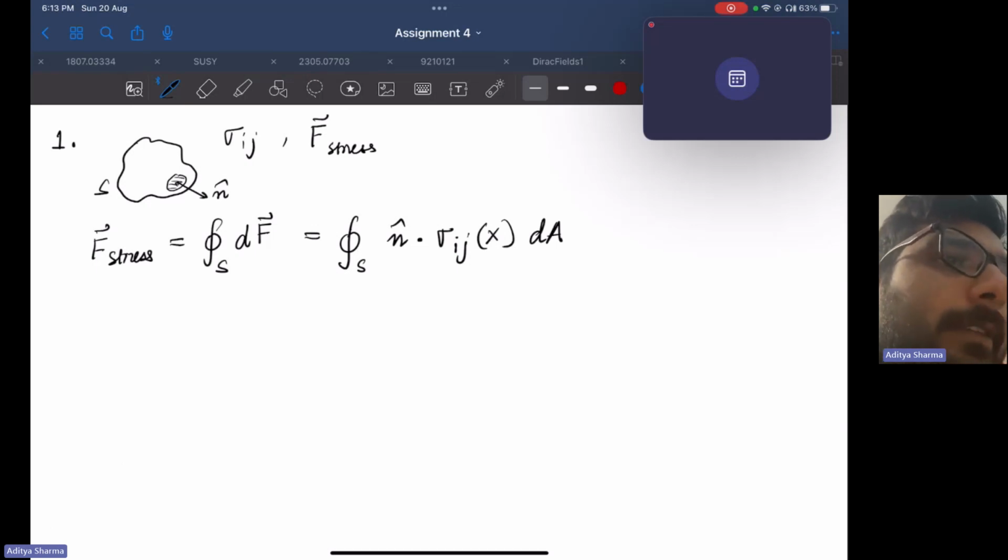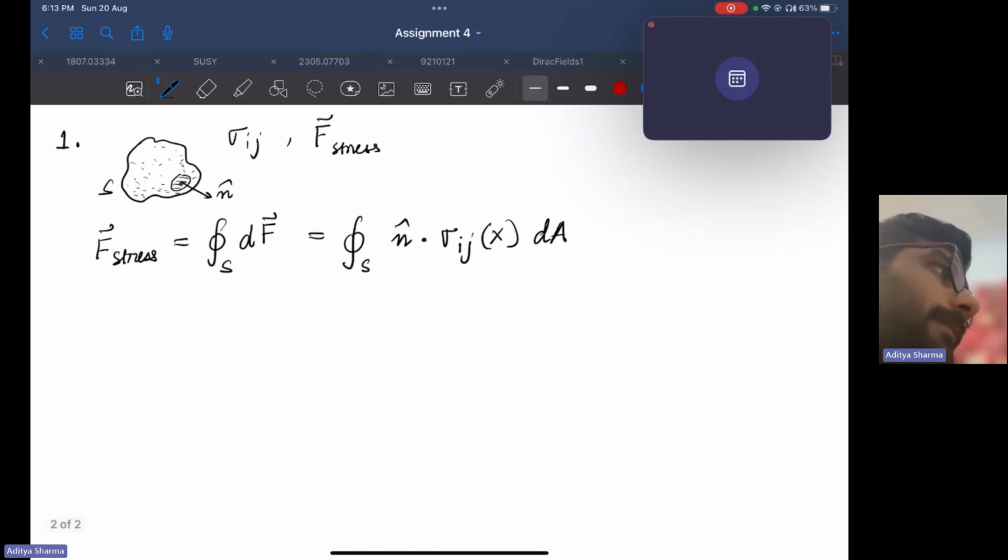Stress can be thought of as some kind of pressure, pressure times area along the normal direction, and you integrate over all of the surface of the object in which you are interested, and you will get the total stress. So this is the answer.